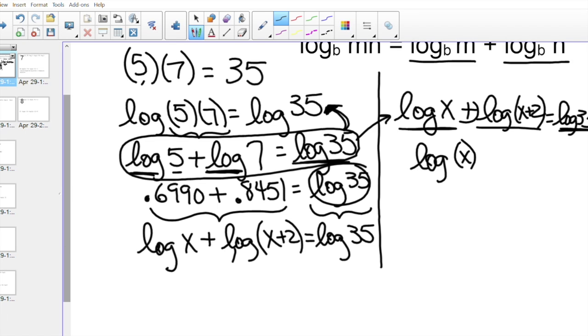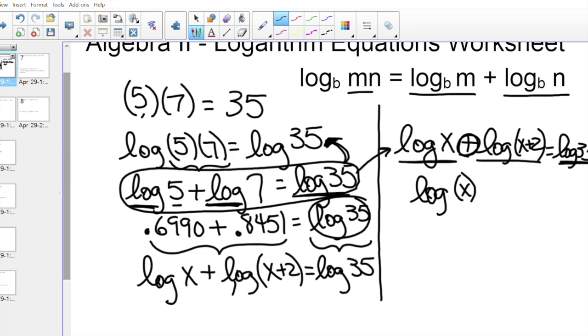Now since we're adding logarithms, Mr. Napier's rule is if you're multiplying two numbers, you add the logarithms. So if you're adding the logarithms, that means you are multiplying the two numbers. So we're going to put log of x times x plus 2 equals log 35.